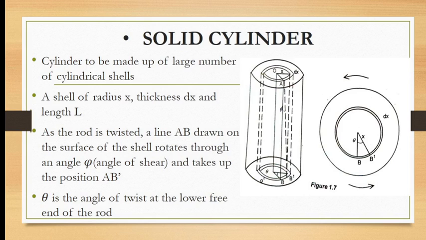In the second figure you can see that shell, and its cross section is a circle, and the considered shell has a radius x and a thickness dx.